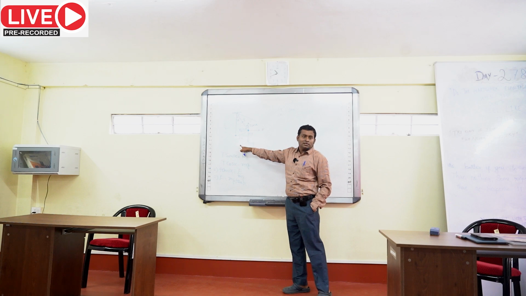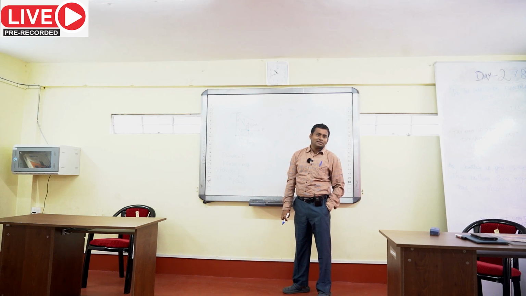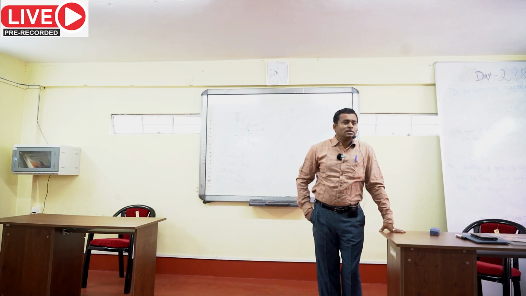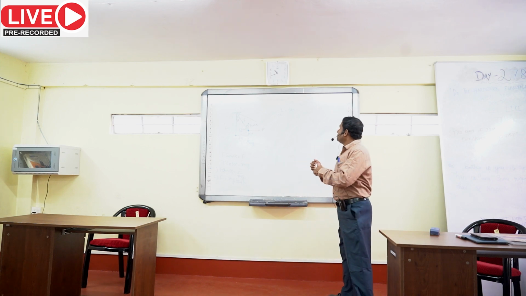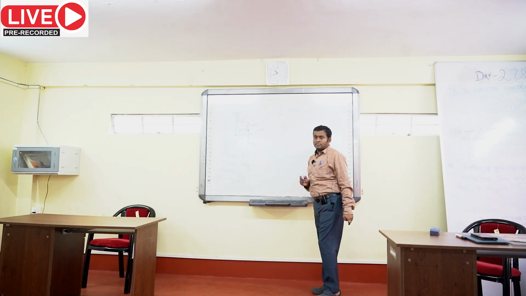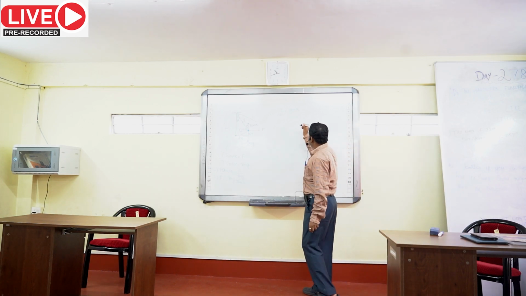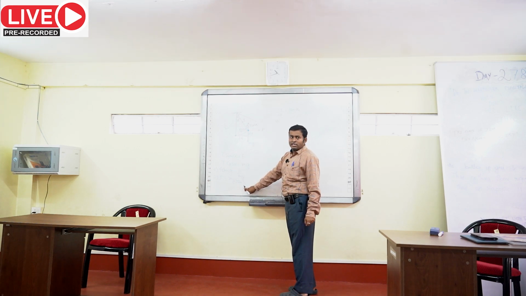Perpendicular by base, that is tan theta. So in this case theta is considered as alpha. So dy by dx equals tan alpha. Then from this I can substitute the value of tan alpha.